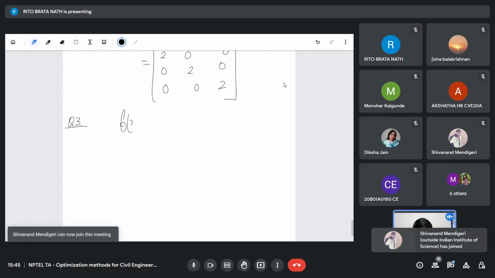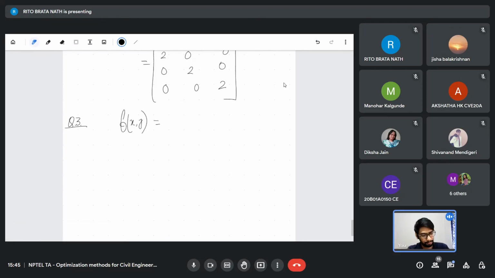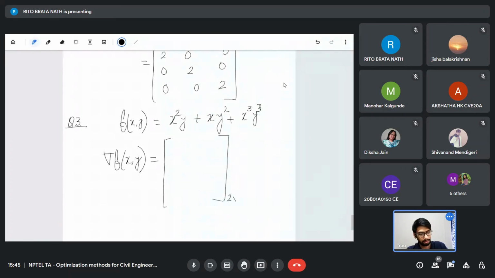Now suppose, let me quickly give an example of two variables only: x y square plus x square plus x cube y cube. Now this one I want to get answered by you only. I'm not writing it down.